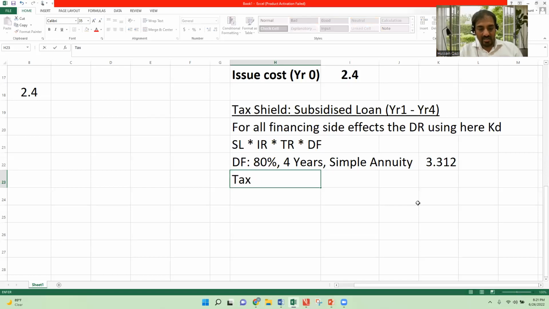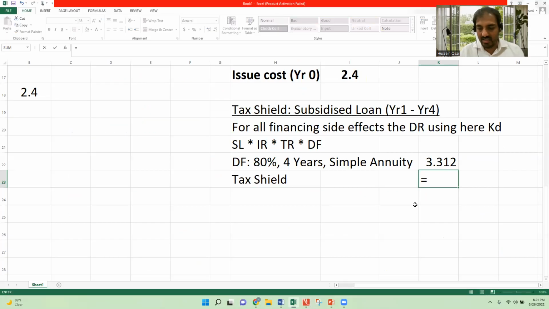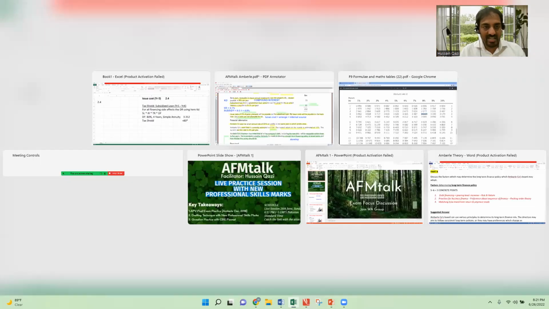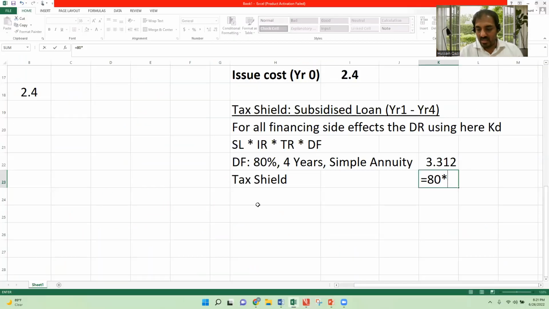So the tax shield is equal to the subsidized loan, 80 million, multiplied by the subsidized interest rate 3.1%, multiplied by the tax rate 30%, into 3.312.